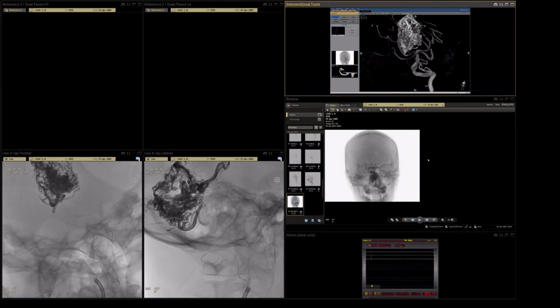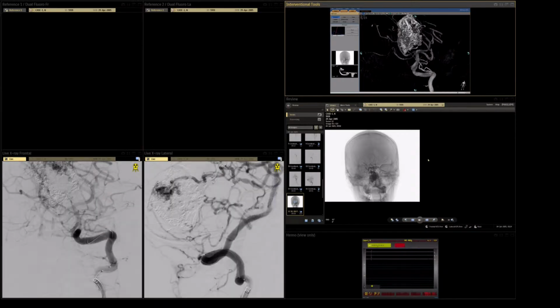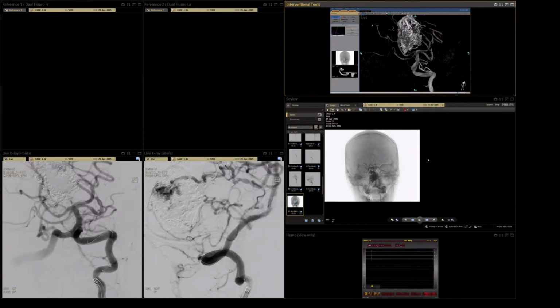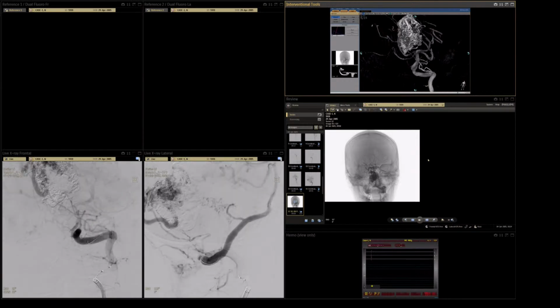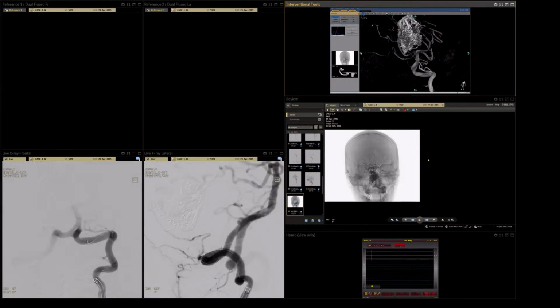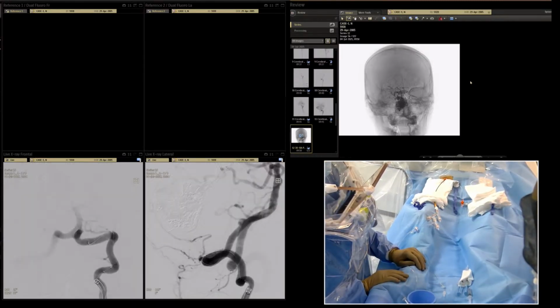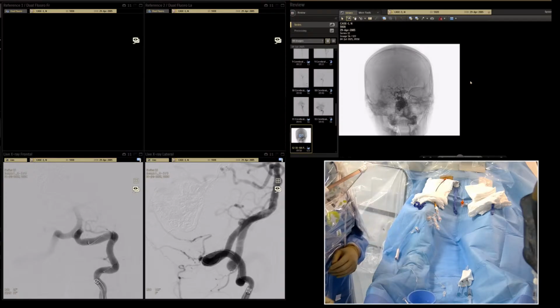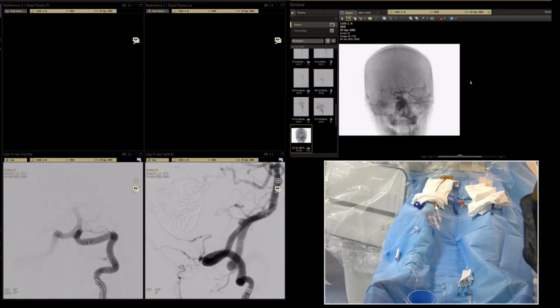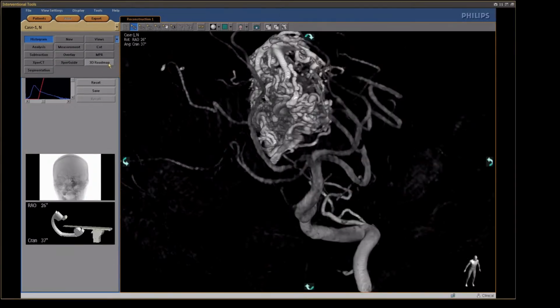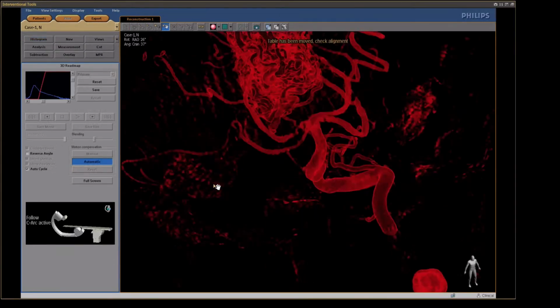We can use also the 3D roadmap, but I prefer to use the traditional 2D. It's more accurate. Назад, stop. Вперед. Stop. Also. Okay, maybe we can use also the 3D. 3D is like this.